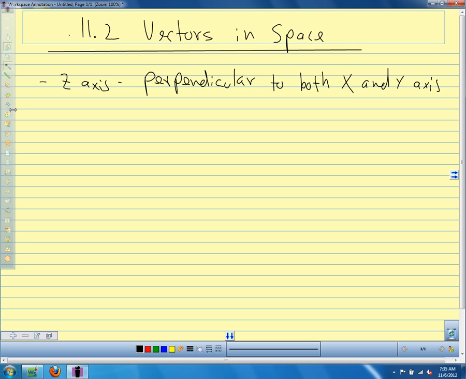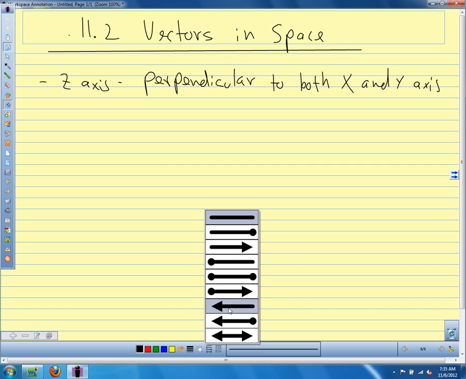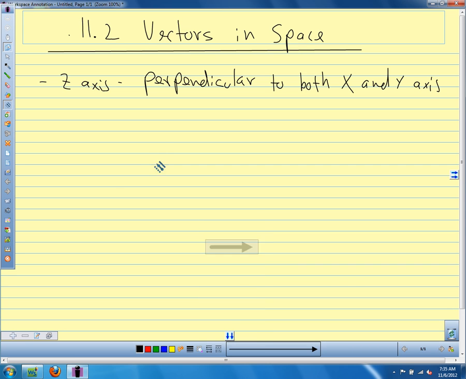So the way we normally draw our 3-dimensional coordinate system is, let me move this down a little bit. Draw it the other direction. There we go.